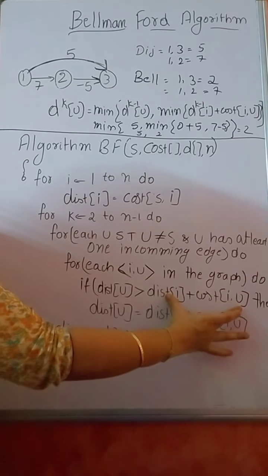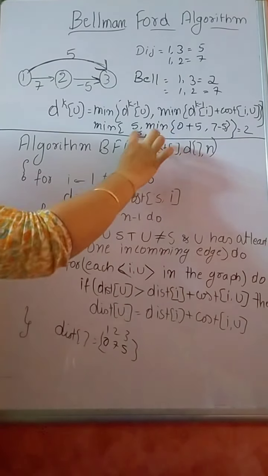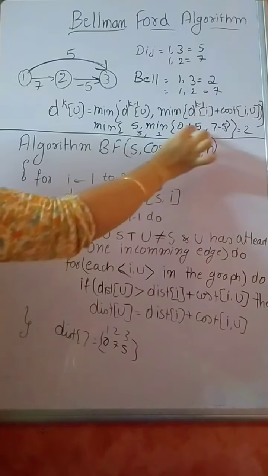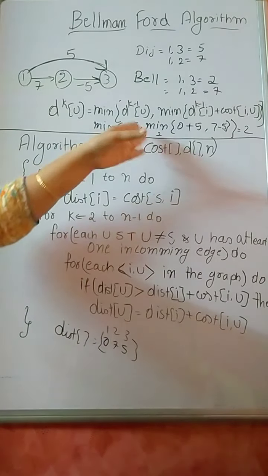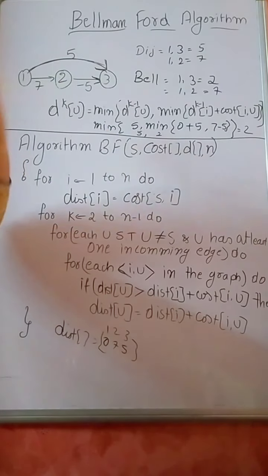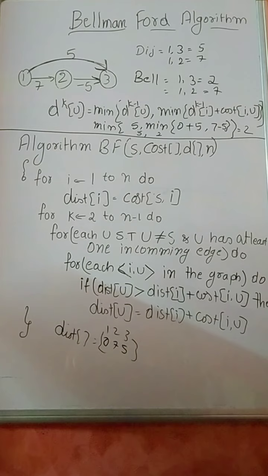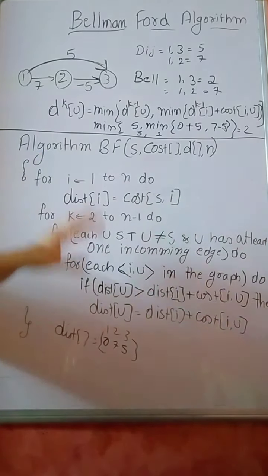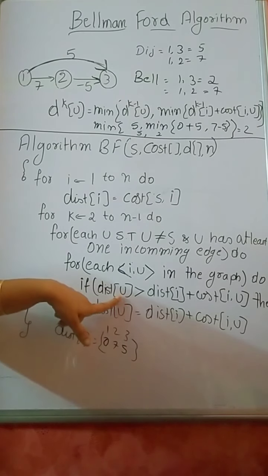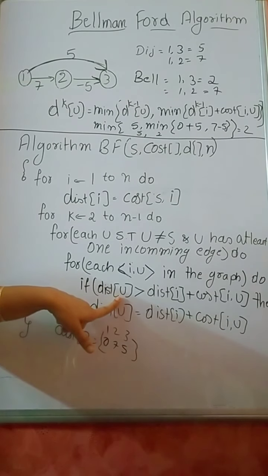Suppose this is minimum, then you consider what I have written, the min of min. The same thing I am writing in a different way, because if I write it like this, again I have to call a min function and write the statements in the min function. So just to avoid that, I am checking that if the previous distance is greater, then I am considering that.